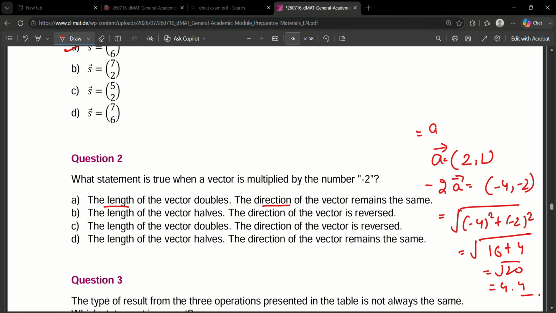And the magnitude of the original would be 4 plus 1, that is root 5, which is 2 point something. So the length of the vector doubles. Length of the vector doubles, the direction of the vector does not remain the same.